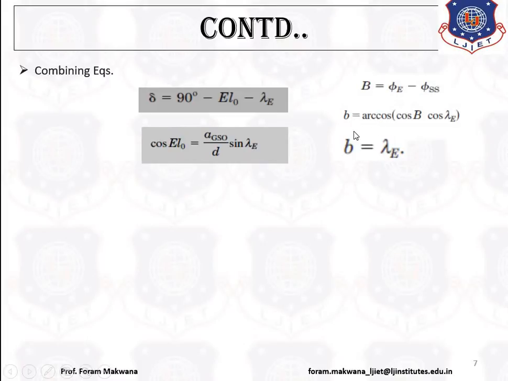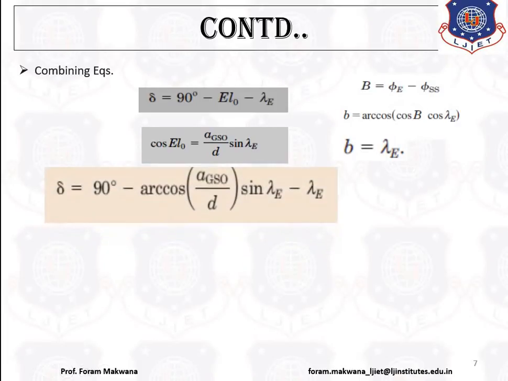Now simply place this in the equation cos EL0 is equal to A GSO upon d into sin lambda E. We will get this equation. Cos EL0 stands for the cosine of the elevation angle, and A GSO stands for the radius of the geostationary orbit divided by the distance d.